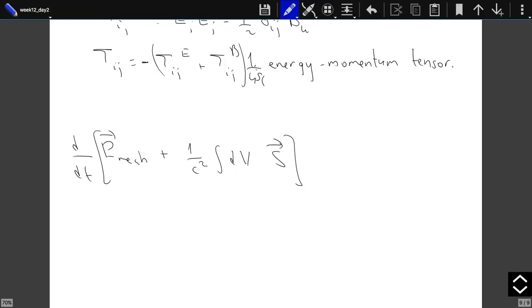You see, this time derivative is equal to minus del J Tij, the I component, over the volume. Now that is a divergence integrated over a volume. I can just convert it to a surface integral. This is equal to minus Tij Nj dS, n being my normal direction to my surface.